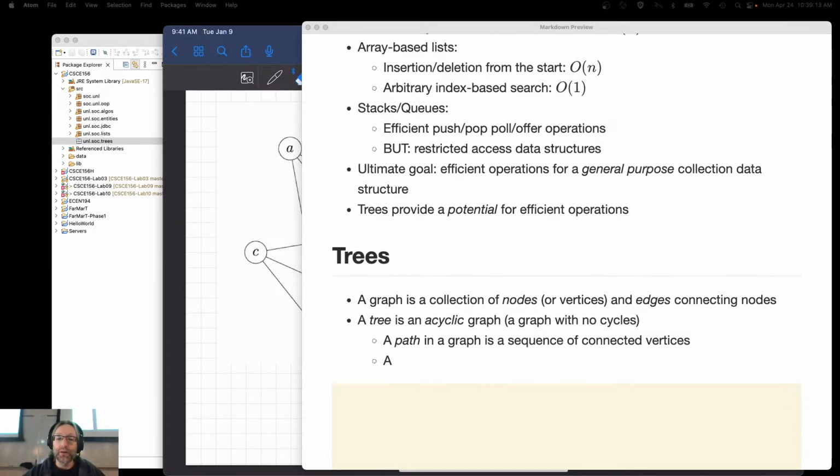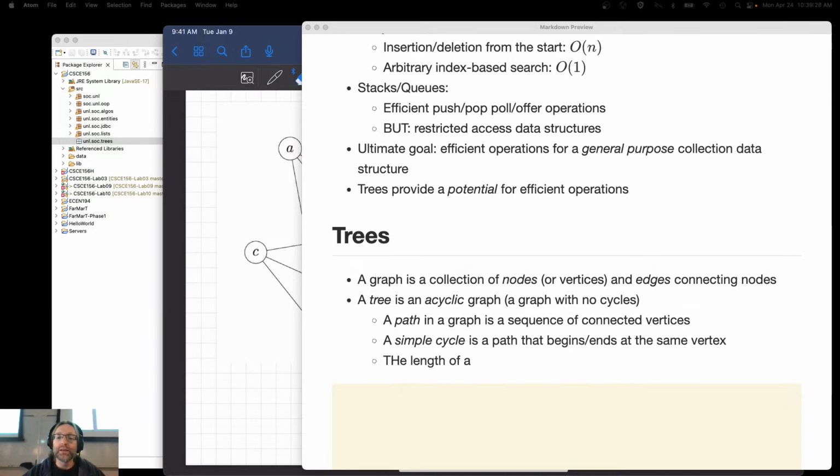A simple cycle is a path that begins and ends at the same vertex. The length of a path or cycle is the number of edges on it.